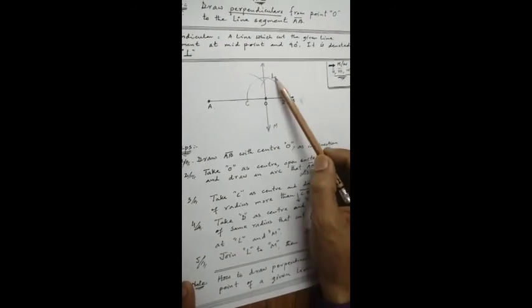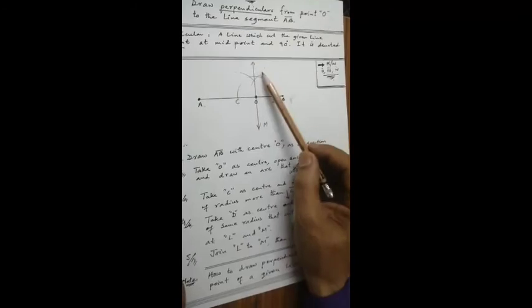From C draw an arc, and from D draw another arc that cuts the previous arc at the point L. And now we will draw the line passing from O and connecting this point of intersection. Now this is L and M, that is the required perpendicular of the given line segment AB.